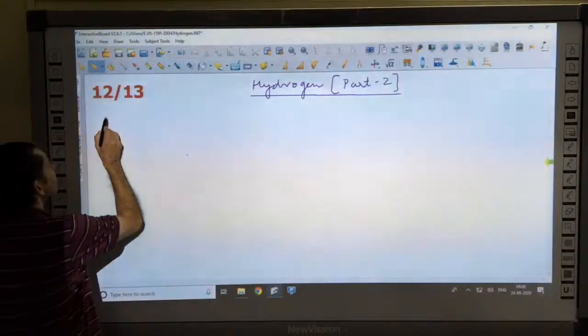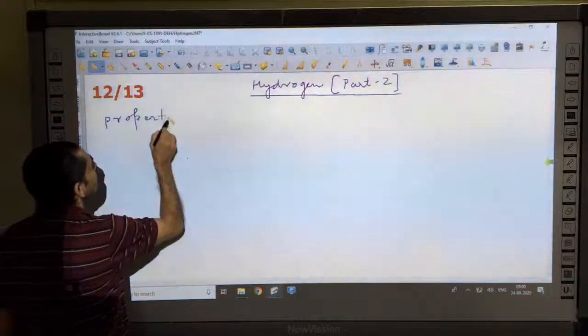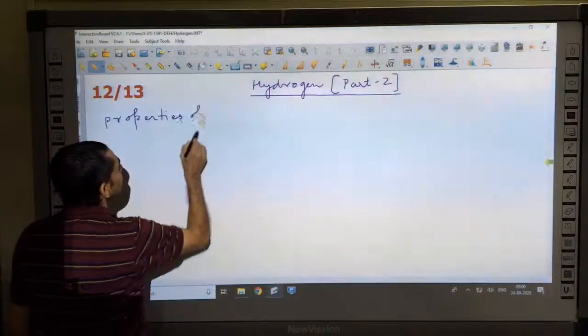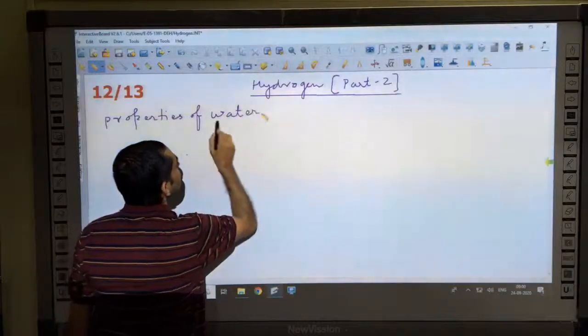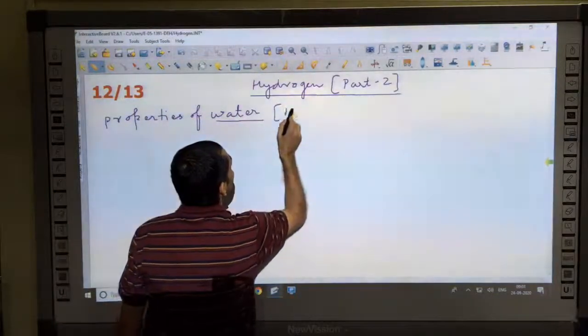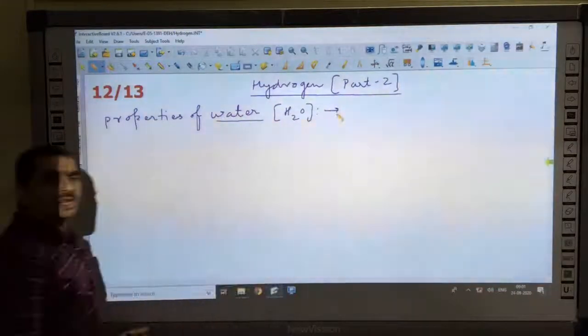Properties of water. You all are familiar with water, so you should know its properties. Water, you know it is H2O. Now what are the basic properties of water?